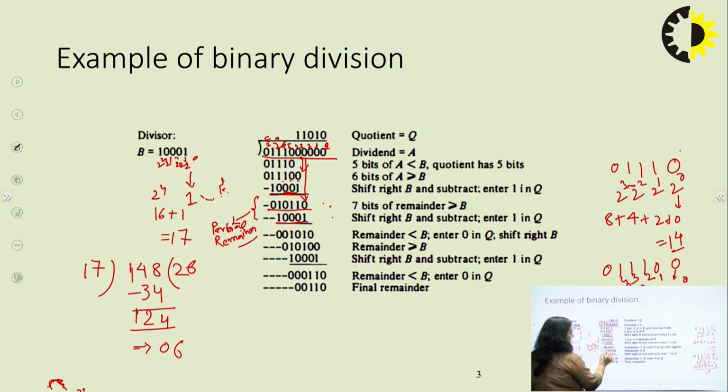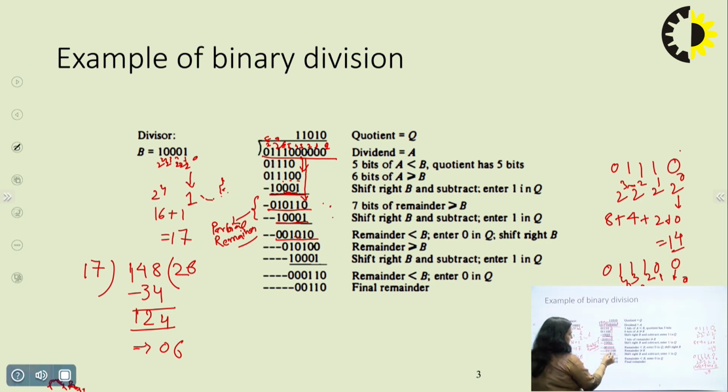After this, we get 0 minus 1. Again we have to borrow from here. As I said previously, we take these two values 1 0, which is 2, and this is 1. 2 minus 1 is 1. So we write here 1 0 1, which is 1, and 1 minus 0 is 1, 0 minus 0 is 0, 1 minus 1 is 0.